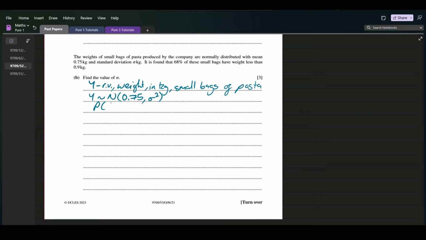We are told that 68% of these small bags have weight less than 0.9 kgs. So the probability that Y is less than 0.9 kgs is equal to 68% or 0.68. So we can use our tables in reverse to evaluate the Z value. So 0 would be somewhere here. 68%, if we draw a line here and say this is our Z value, we're saying this area there, the shaded region, is equal to 0.68 or 68%.